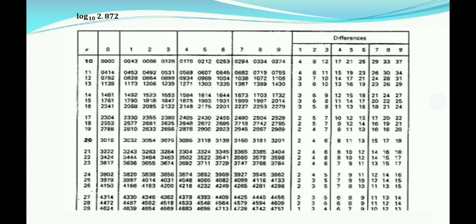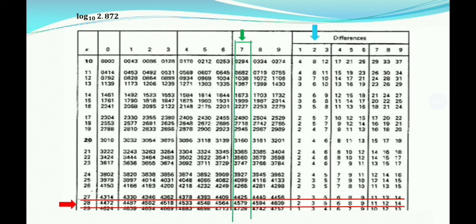So the total number is 2872. 28 you have to consider from here, that is the row which is marked in red. So the number is 287. 7 we have to consider from this column. 2872, now 2 we have to consider from the difference.